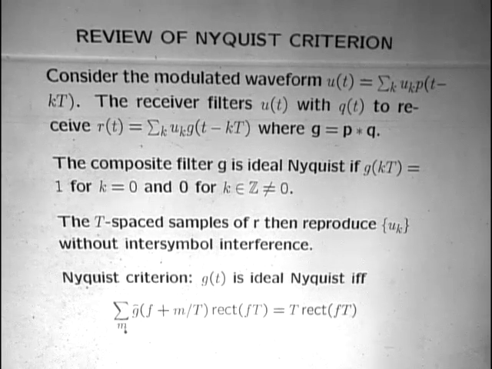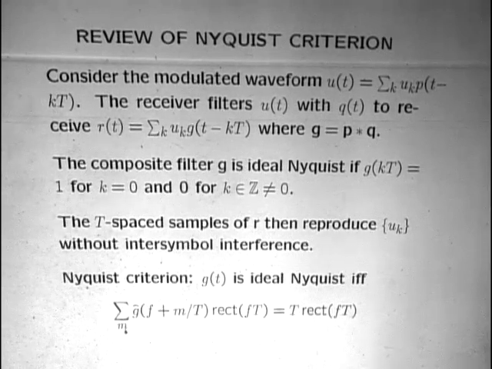Okay? In other words, these two filters are not doing anything extra for you. All they are is a way of putting part of the filter at the transmitter, part of the filter at the receiver. When you look at noise, you'll find out that there is some real difference between what's done at the transmitter and what's done at the receiver, because the noise comes in between the transmitter and the receiver. But for now, it doesn't make any difference.